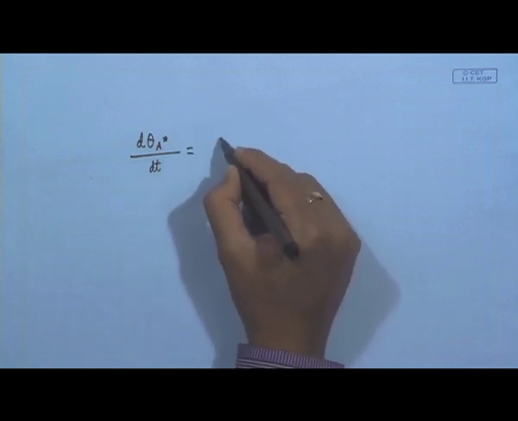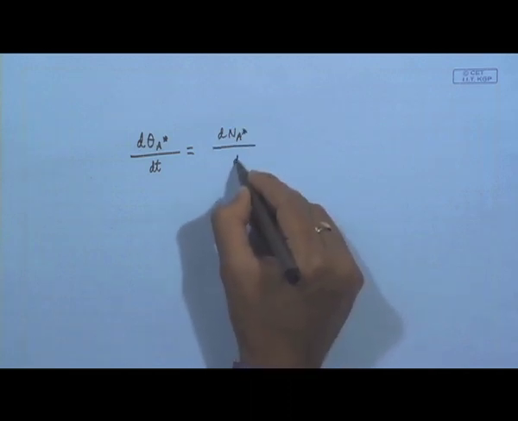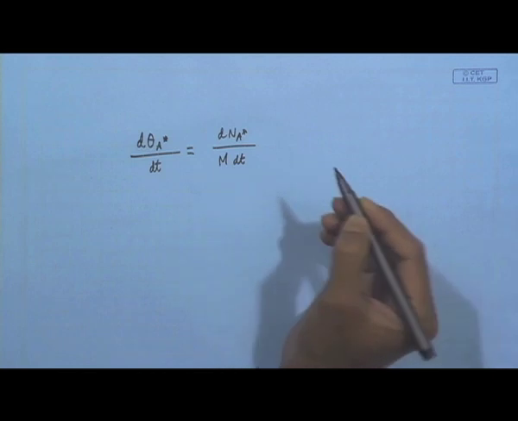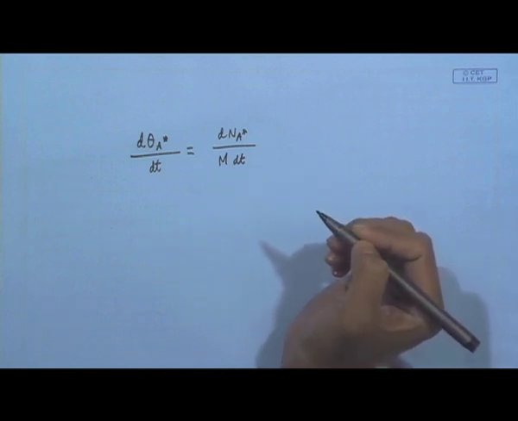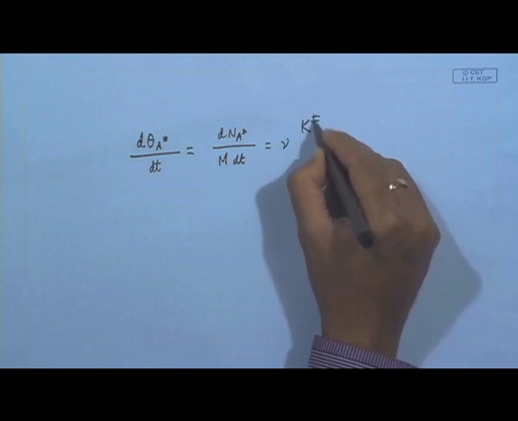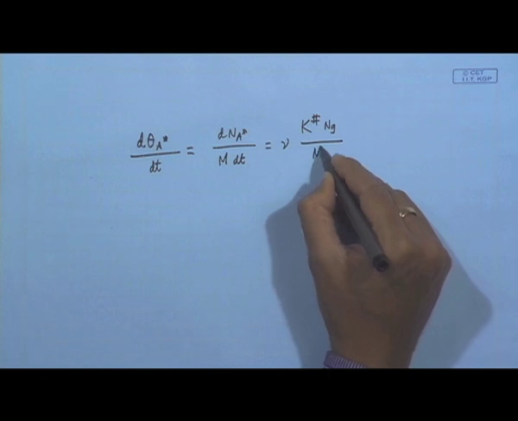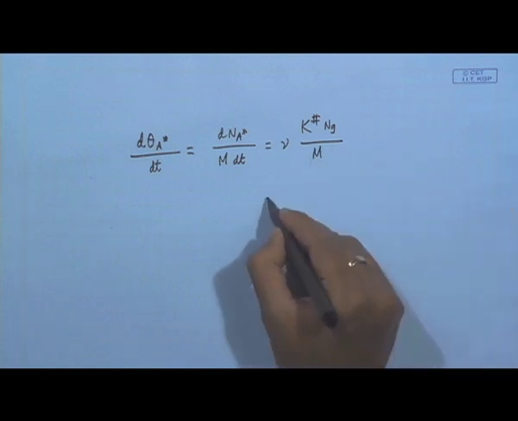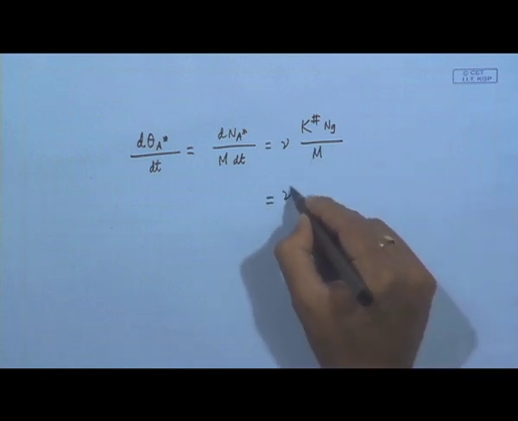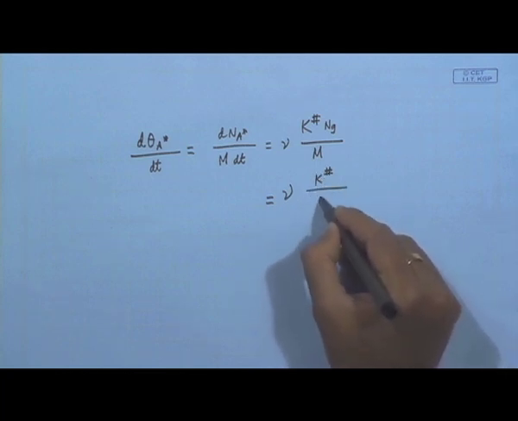So, that is equal to d n A star dt divided by m. Okay. So, that is equal to nu k double dagger n g divided by m, which is equal to nu k double dagger by m.